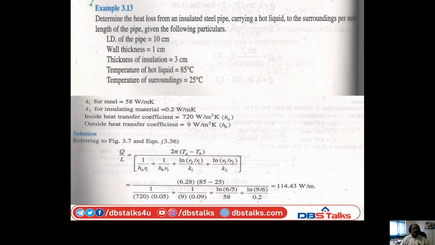Here K1 and K2, K for steel and insulating material, are given. Inside heat transfer coefficient is 720 watts per meter square Kelvin, and the outside heat transfer coefficient is given. So for the cylinder, heat transfer equals delta T by R.